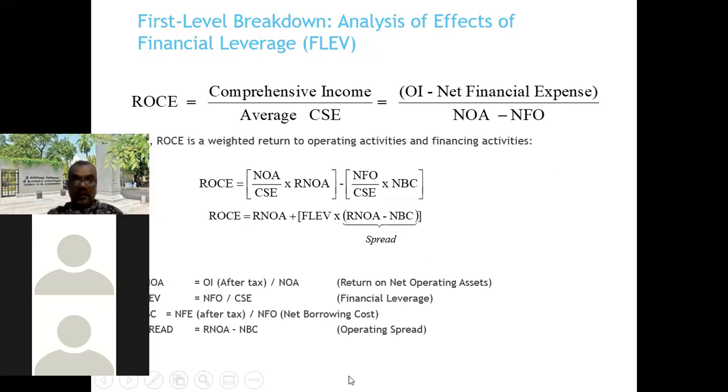This operating spread, I already explained. That is the difference between return on net operating assets and the net borrowing cost.